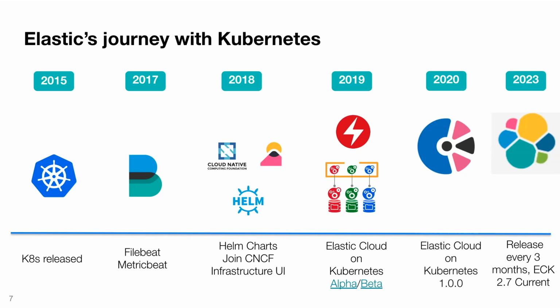That you have dependencies between the Elasticsearch nodes, that you might have different Elasticsearch nodes, things like masters, data nodes, hot data nodes or cold data nodes, and so on. So you're extending the native Kubernetes API through the operator with Elasticsearch know-how.